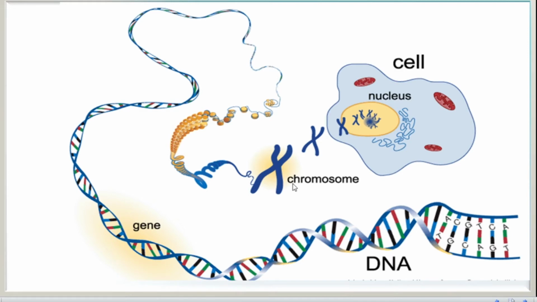So this is the general picture. Where is the DNA present? Overall we can say it is in the nucleus, in the form or structure of the chromosome. The nucleus is present inside the cell. Each and every cell has a nucleus, each nucleus has chromosomes, each chromosome has genes, and each gene has DNA.